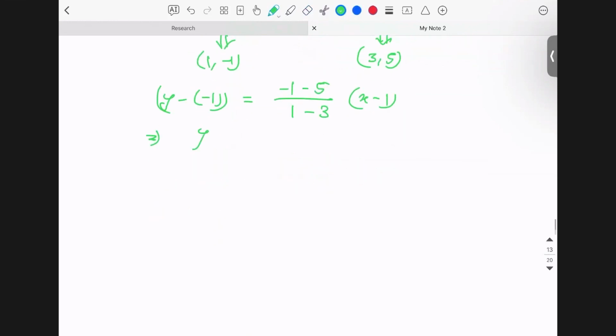Or we will get y plus 1 minus 6 divided by minus 2 x minus 1, that is equal to 3 into x minus 1. So again, it will give us 3x minus 1.